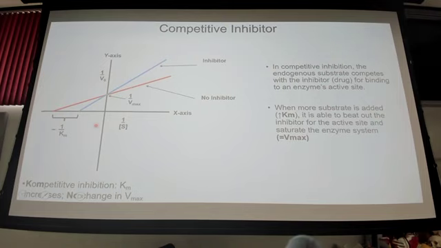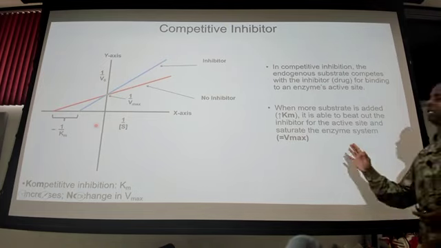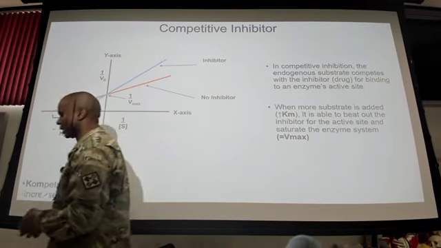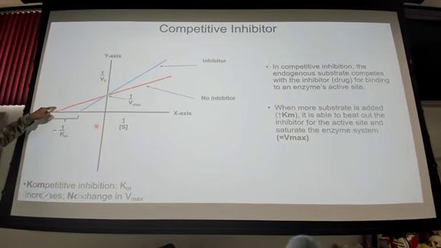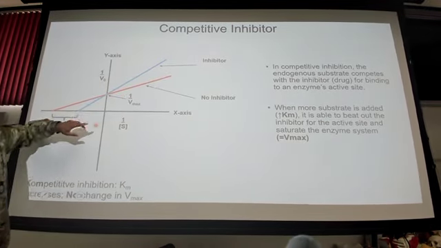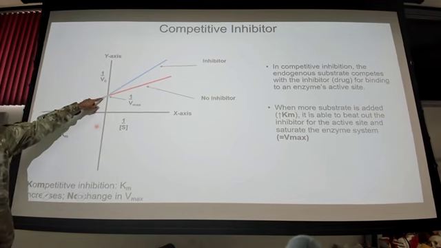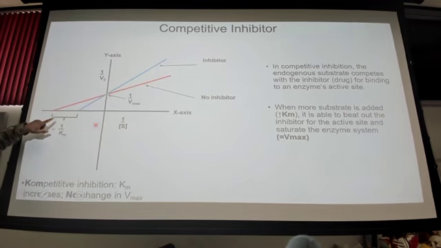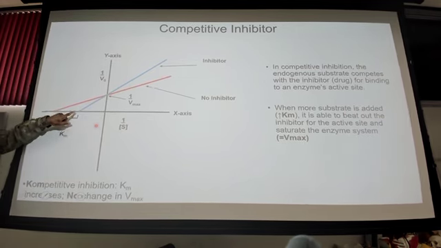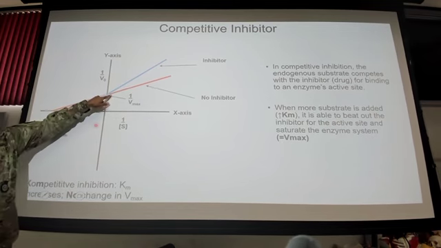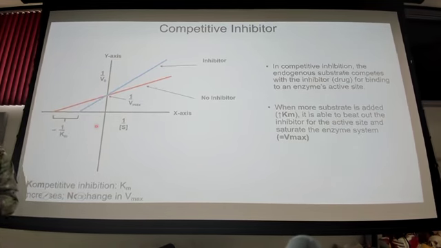So this representation: red line, no inhibitor, just the substrate; blue line, with the inhibitor. What this is saying is that when more substrate is added, you still are able to reach Vmax. Does that make sense?